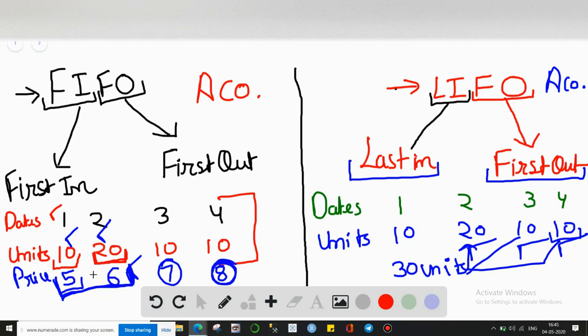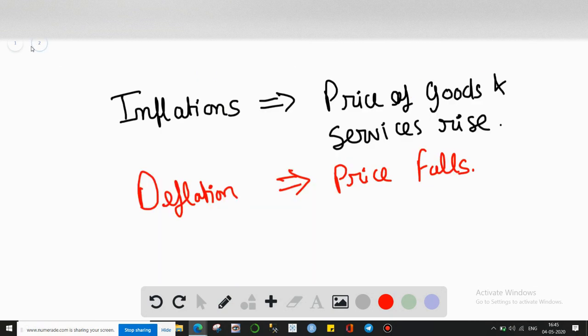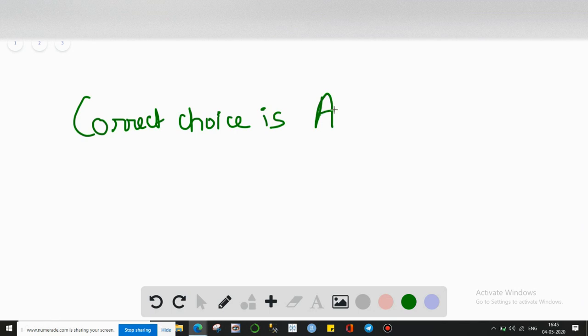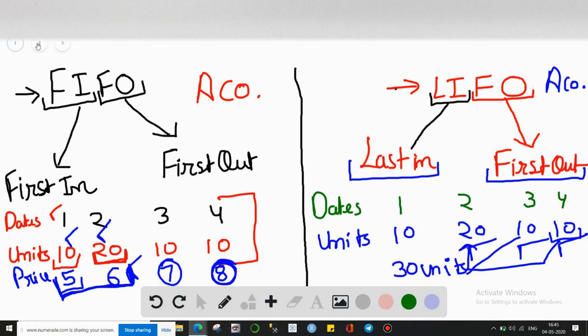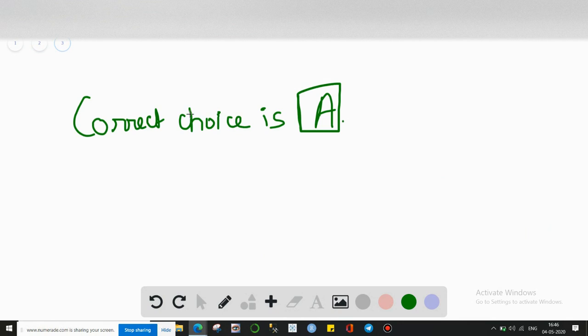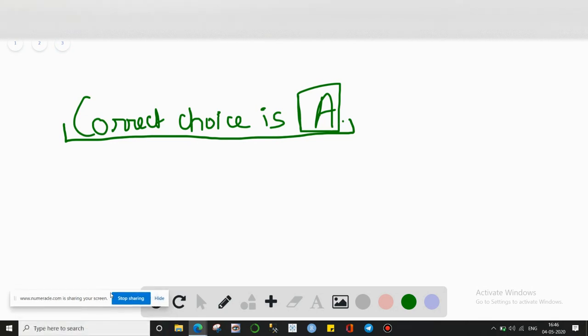Now in case of inflation times and FIFO, we will produce higher inventory account balances than the LIFO method. So the correct choice is A, that is inflationary times. Please note down the first example as well as the second one to get a clear idea about the solution and how we arrived at it. Okay. That's all for our solution. Thank you.